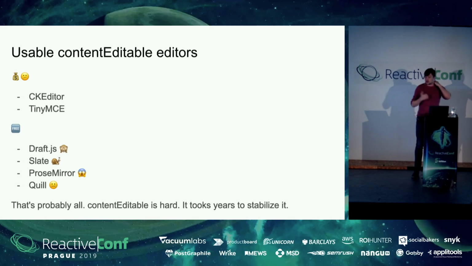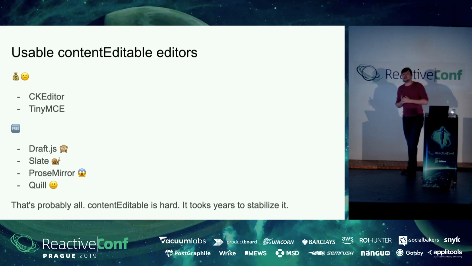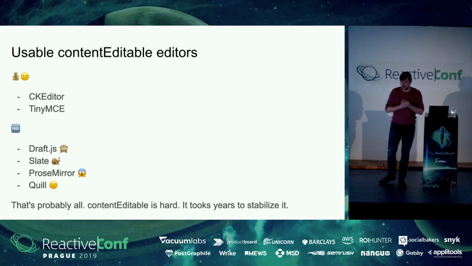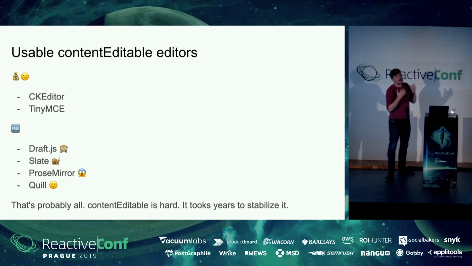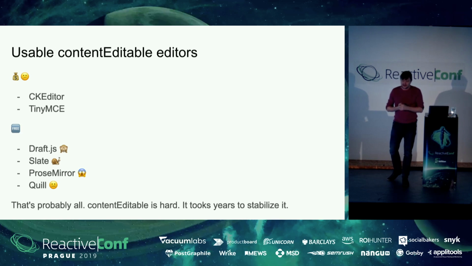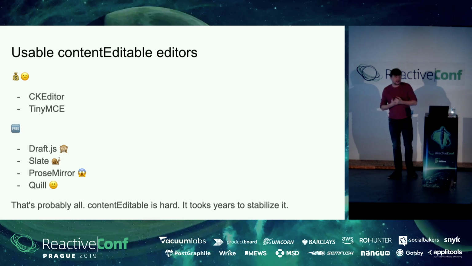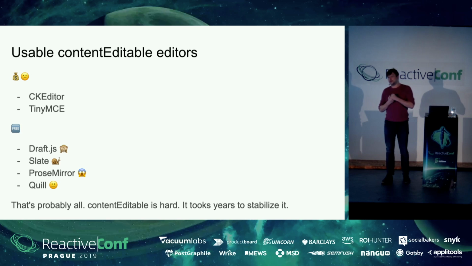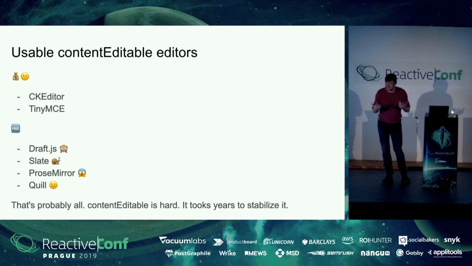What about Draft.js? When Facebook announced that they were developing their own editor, we all were happy because, oh, Facebook, React, really the best developers. The problem with Draft is its development. It's mainly driven by Facebook's needs.